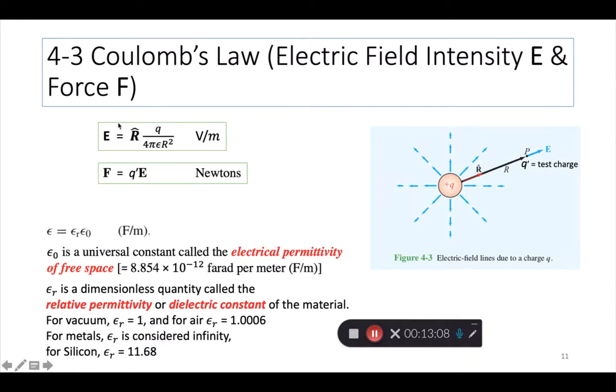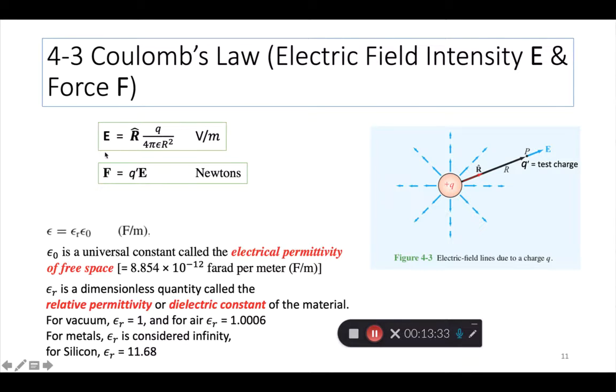We all know that if a charge is brought into an electric field, then the force experienced by it, in newtons, is given by the product of that charge times E, the electric field intensity.